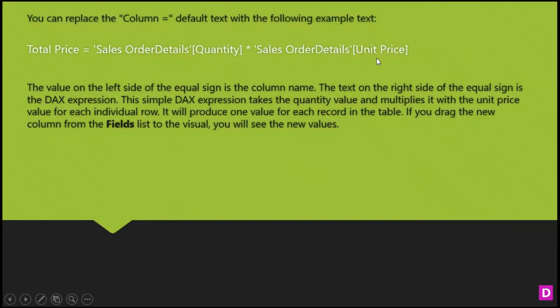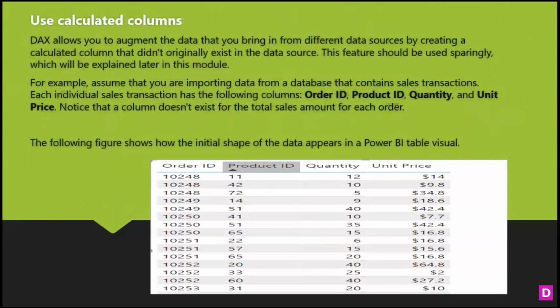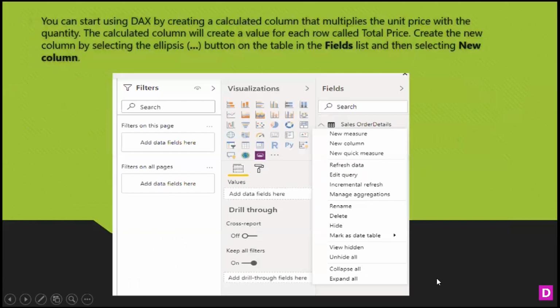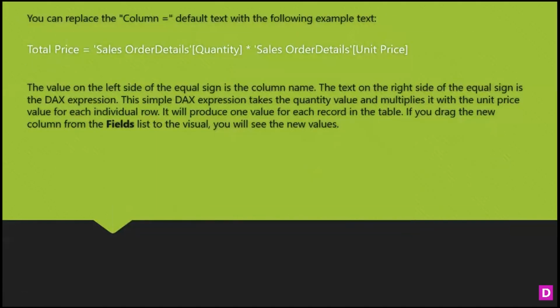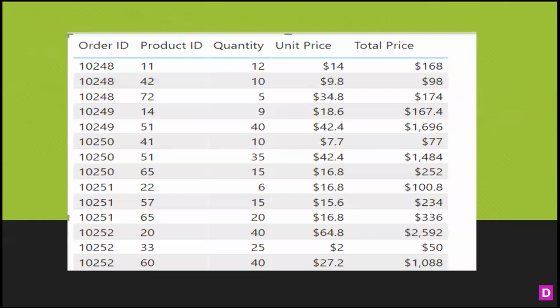What it will do is calculate the new column of total price row by row. For each and every row, it will calculate the value of the total price by multiplying the quantity by the unit price. It will give the value for total price for each and every order ID.